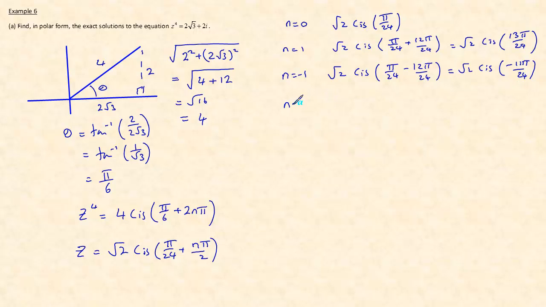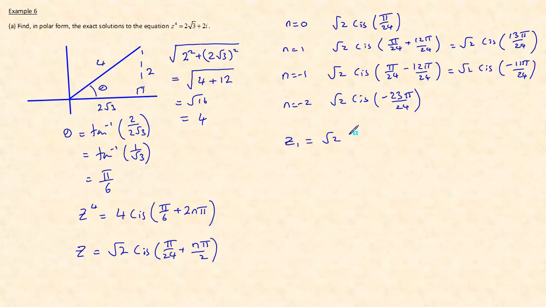And then n equals negative 2 gives us root 2 cis, take away another 12 pi by 24, so that will be negative 23 pi by 24. And we could give them in order of increasing angle size if we want.